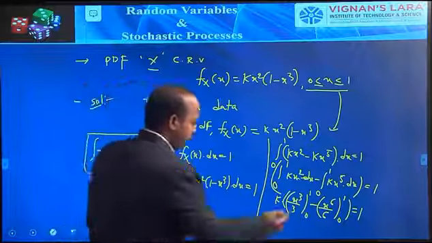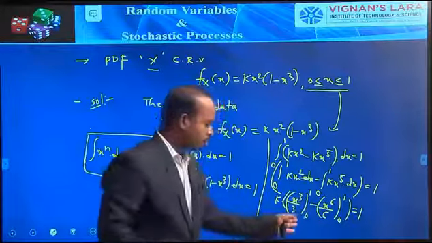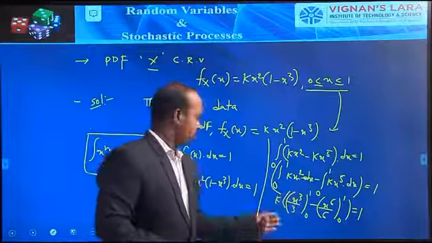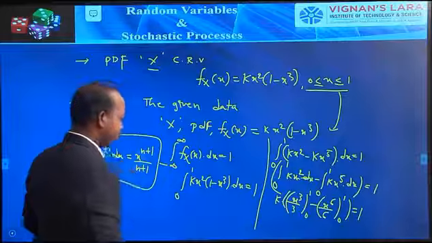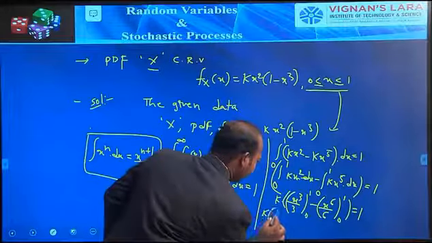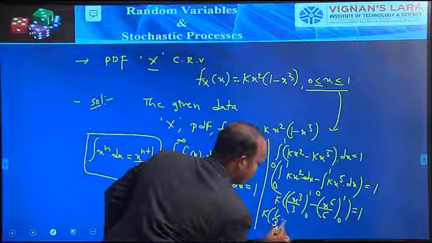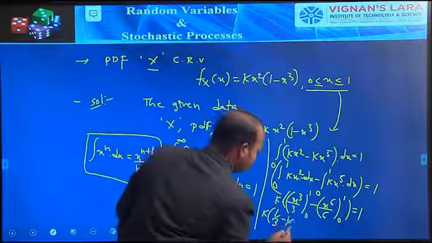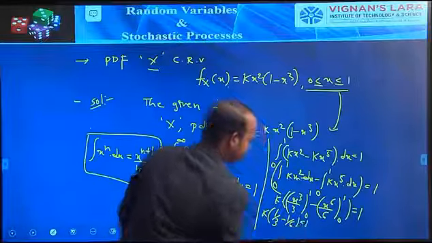Now substitute the higher and lower limits. For 0, the negative part is 0, so we only substitute 1. Then k times (1 by 3 minus 1 by 6) is equal to 1.